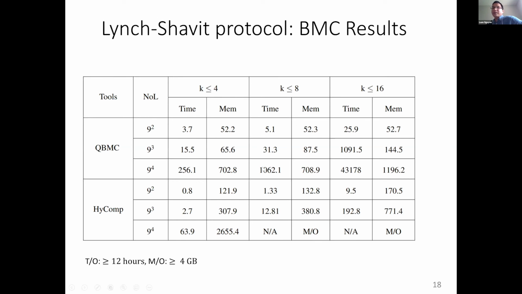But in terms of timing, for example, if we set K less than or equal to A right here, with 2 processes, QPMC requires 5 seconds, while HiCom requires nearly 133 seconds. So I think it shows that our approach is actually complementary to the existing approach.